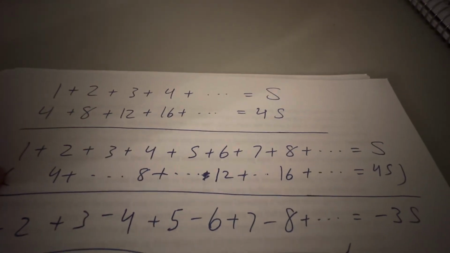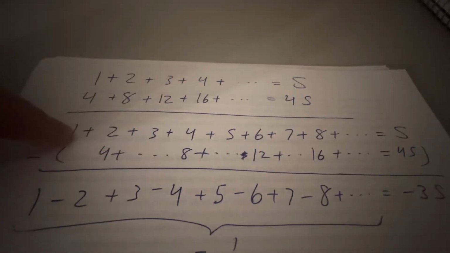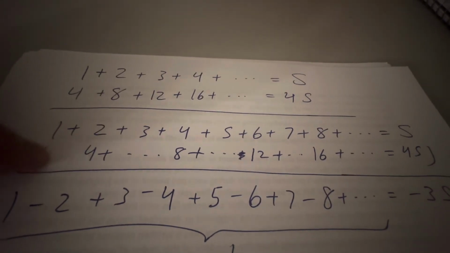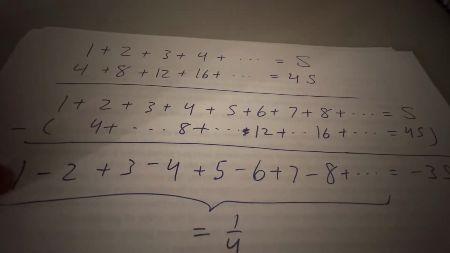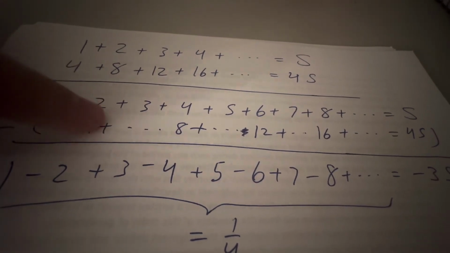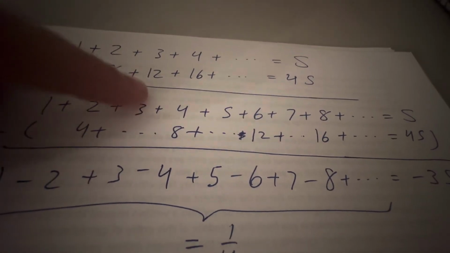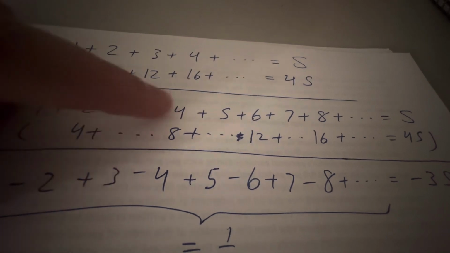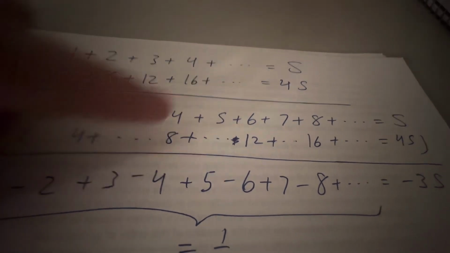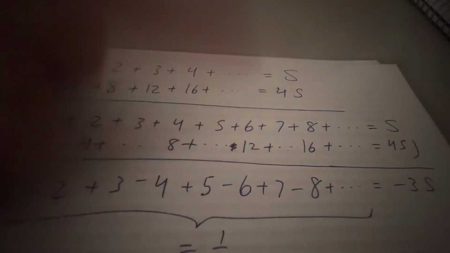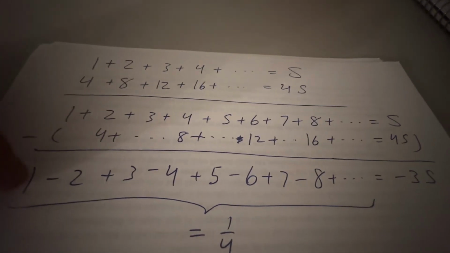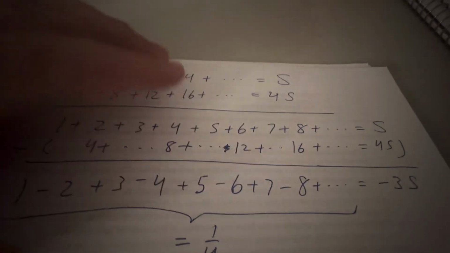And then once I have that, I take the top and subtract the bottom so that I have 1 minus 0, so there's an unwritten 0 here, and I get a 1. 2 minus 4 gives me minus 2. 3 minus 0 gives me 3. 4 minus 8 gives me negative 4. 5 minus 0 gives me 5. You get the idea. So I get this alternating 1 minus 2 plus 3 minus 4 stuff.